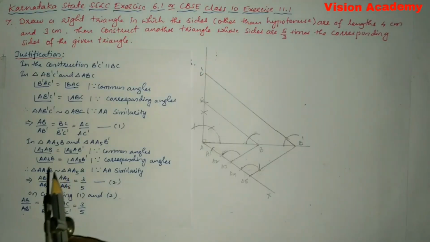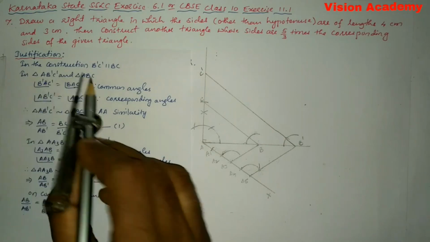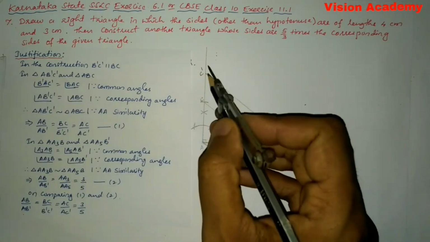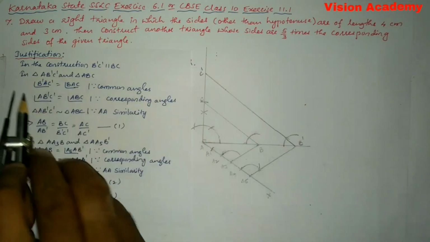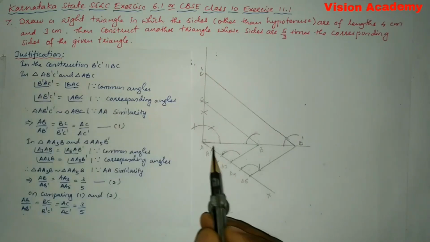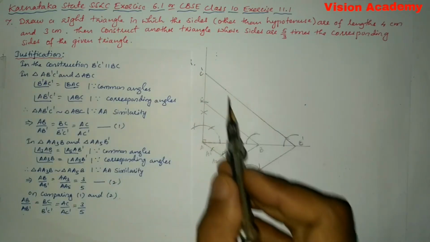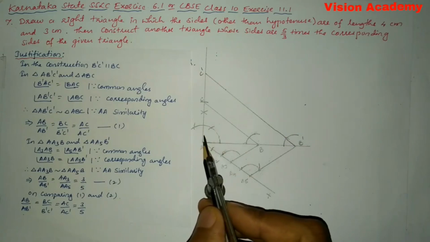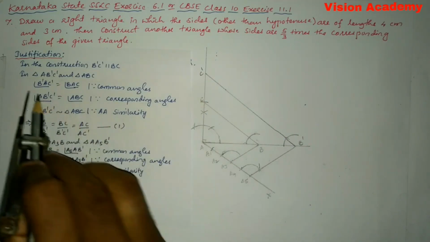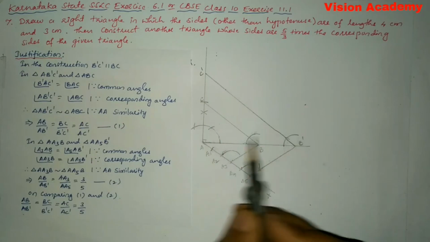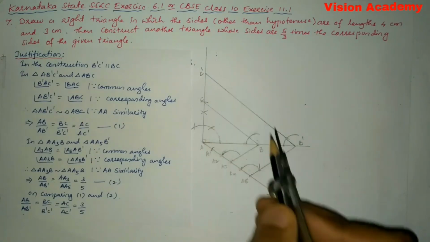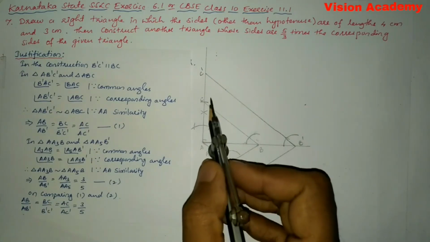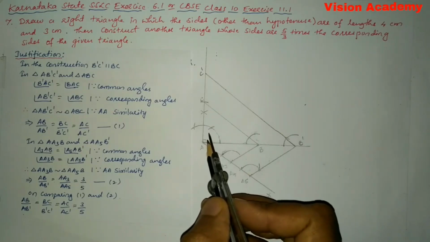Now let us go for justification. In the construction, B dash C dash is parallel to BC. Now in triangle AB dash C dash and triangle ABC, angle B dash AC dash and angle BAC are both common angles.